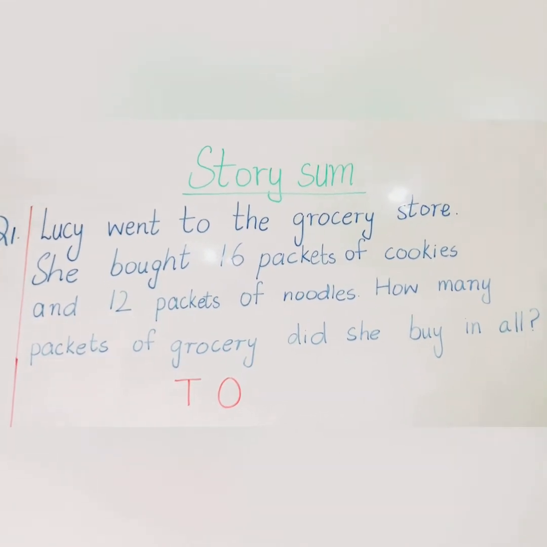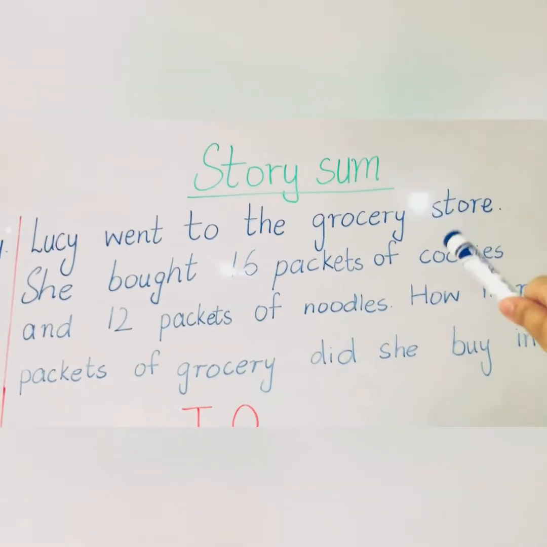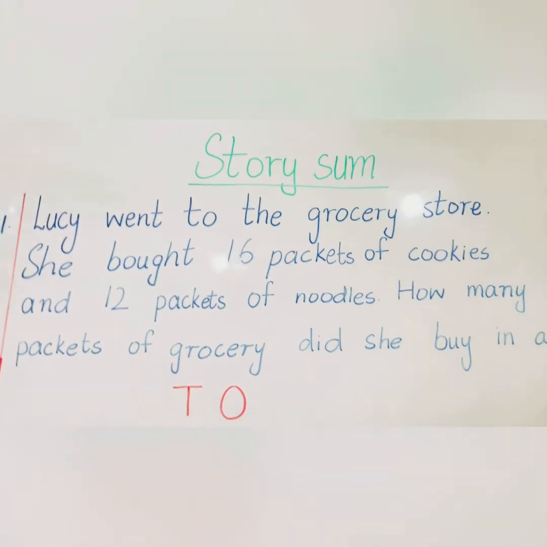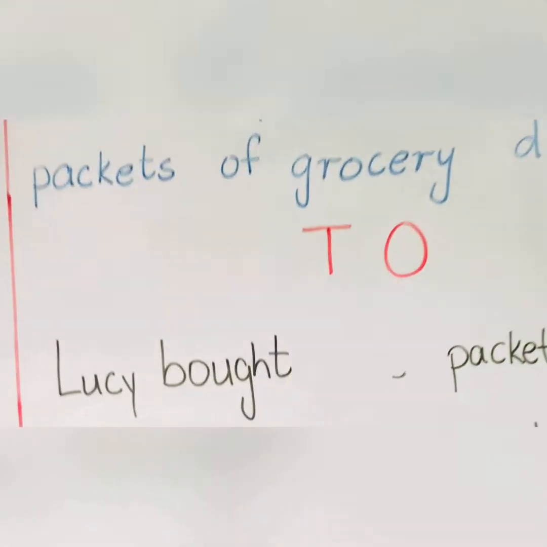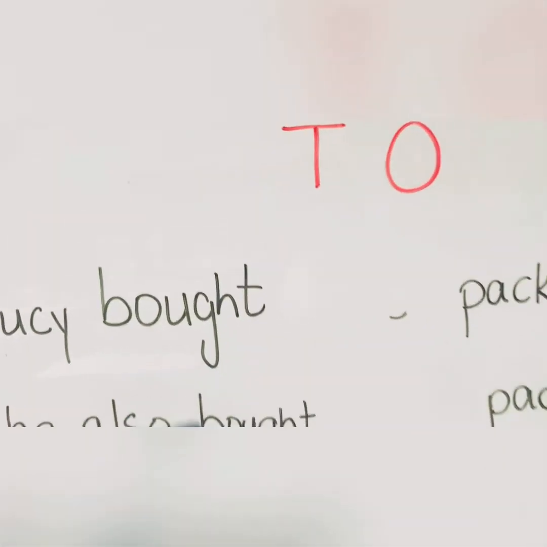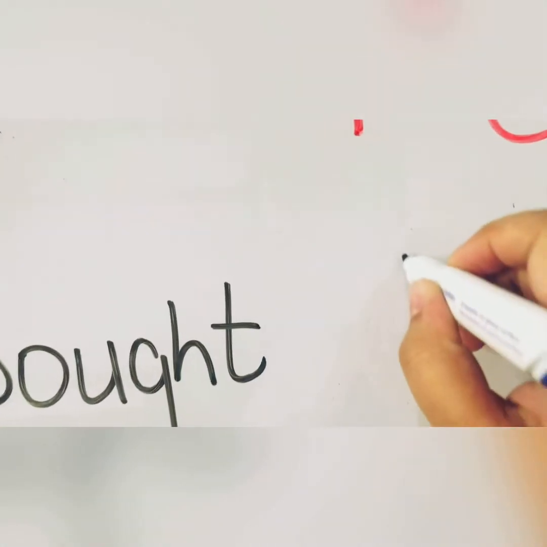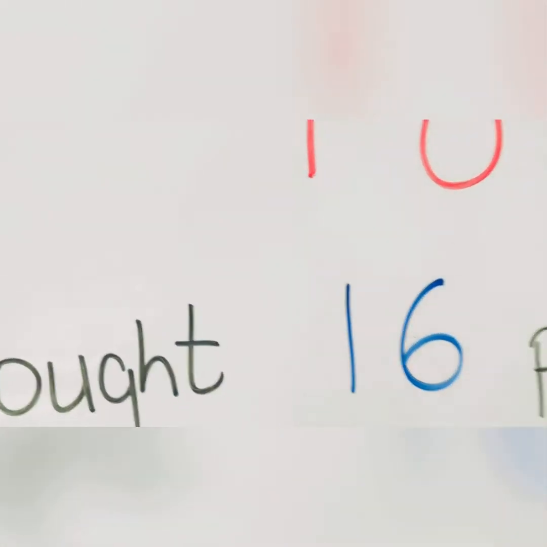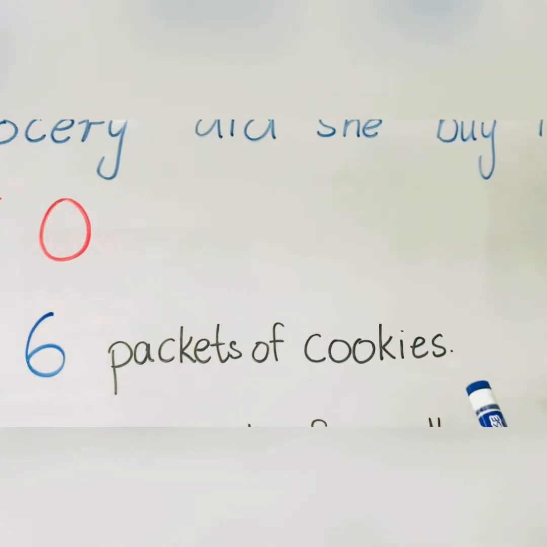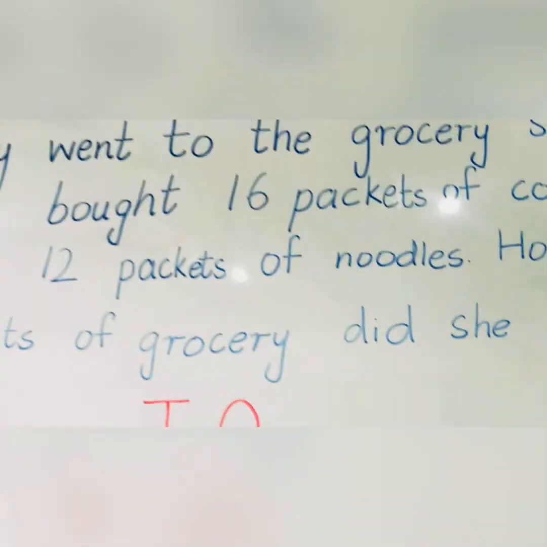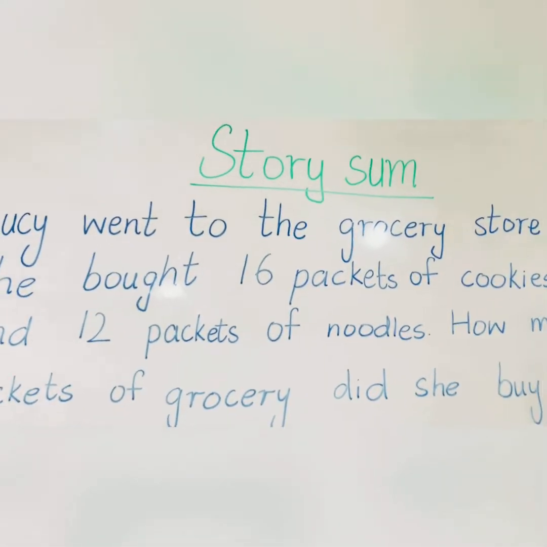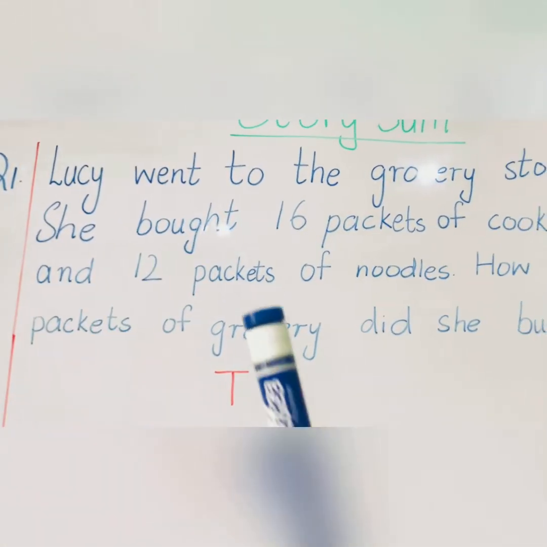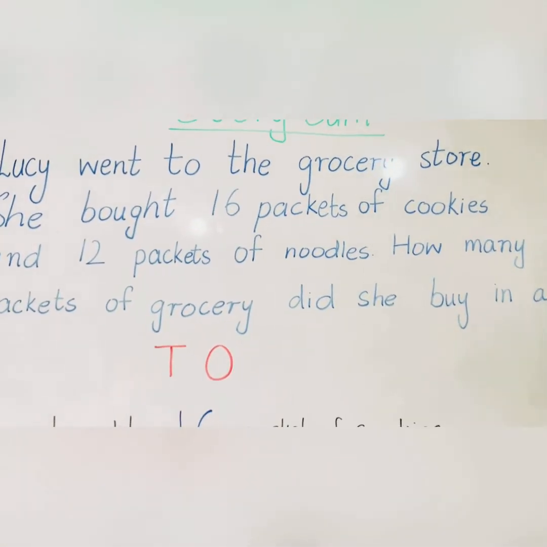So when you are solving a story sum, you have to write the statements. So you can see the first part of the story is saying that she bought 16 packets of cookies. So we will write Lucy bought 16 packets of cookies. Okay, now what is the second part? The second part is and she also bought 12 packets of noodles.